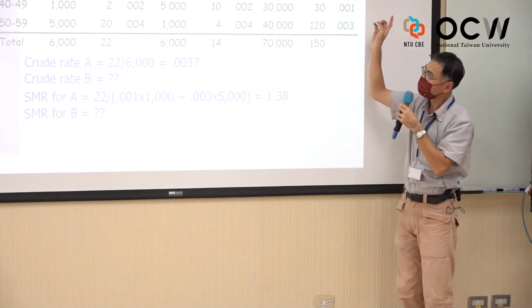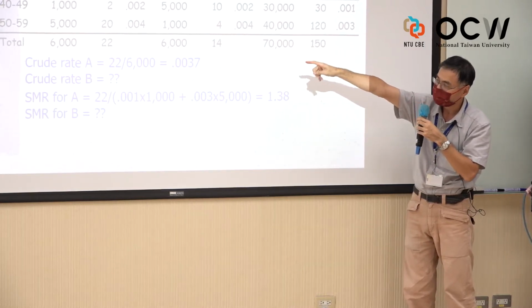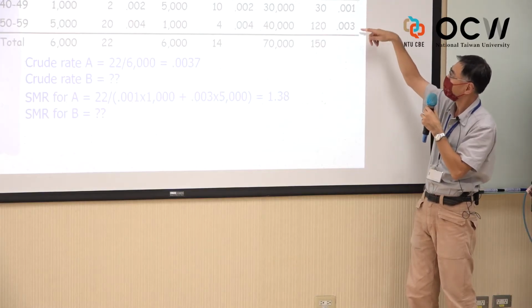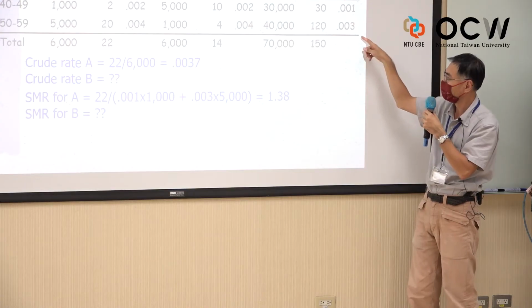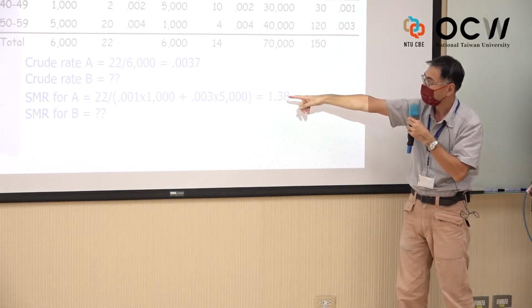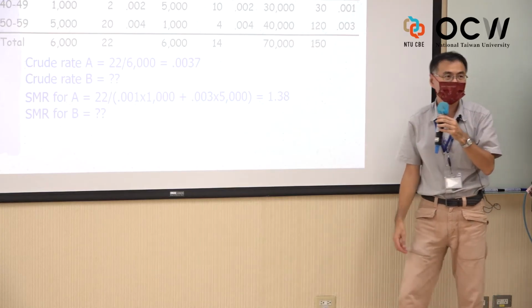So we use the structure from occupation A, which is 1,000 and 5,000, and apply exactly the same thing for the reference population, 0.01 and 0.003. So you could get the expected number of deaths. Then you come up with 1.38.